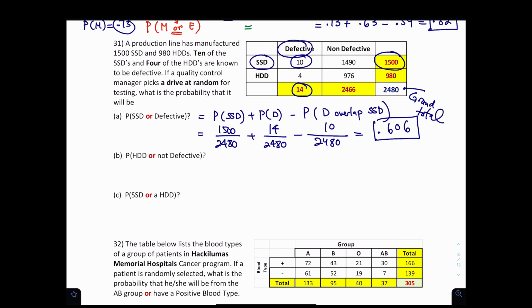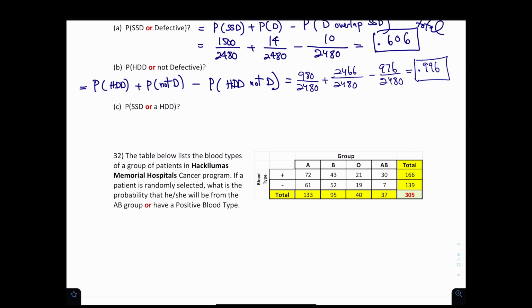Very good. Now the next one says probability of HDD or not defective. So that'll be the probability of HDD plus the probability of not defective minus the probability of HDDs that are not defective, or the overlap of the two. Here the probability of a high density drive is the total number of high density drives, which is 980, divided by the grand total, which is 2480, plus the probability of being not defective.